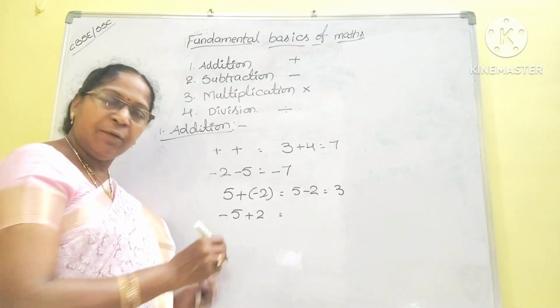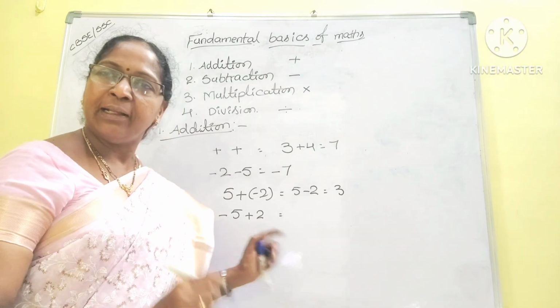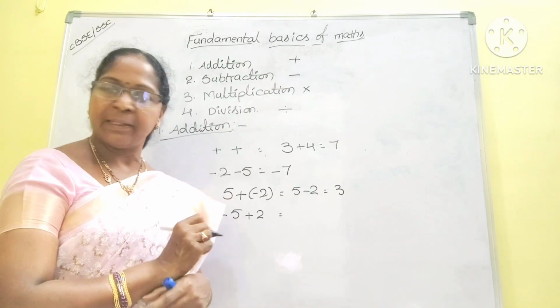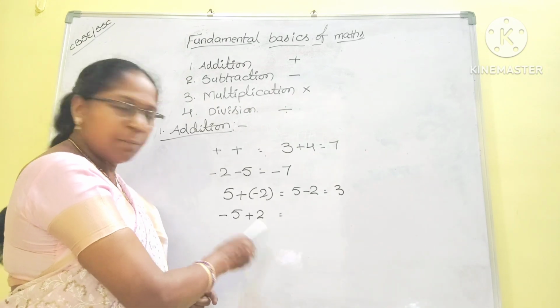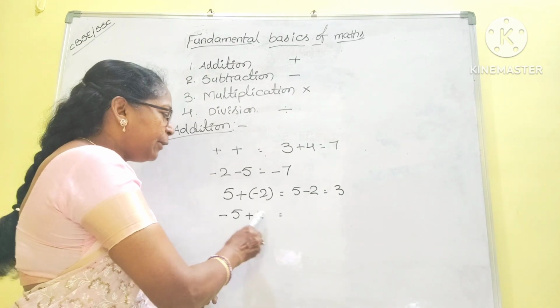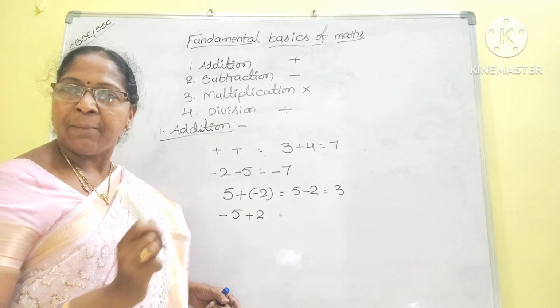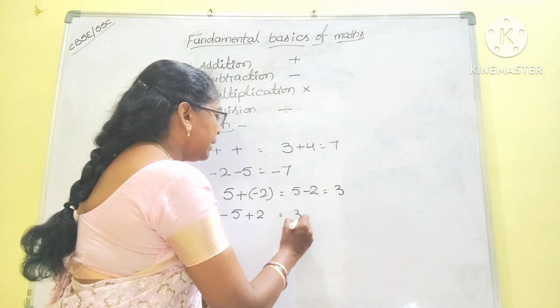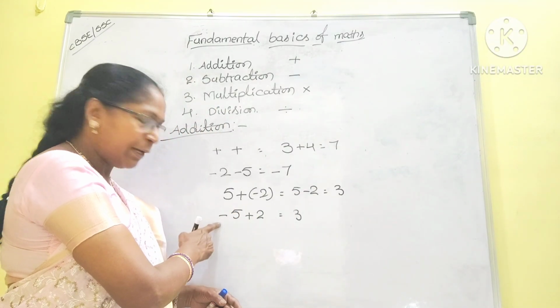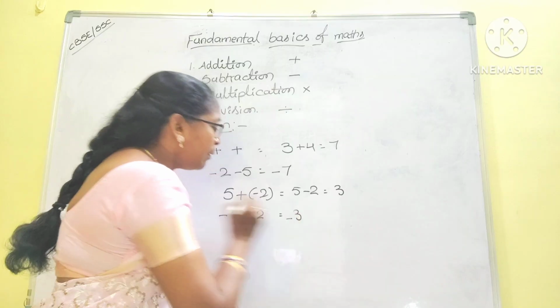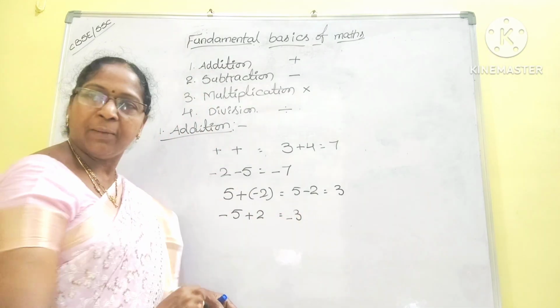Whenever two symbols are different, then you have to do the subtraction. Which number from which number? Small number from big number. 5 minus 2 equals how much? 3. But the big number has a negative symbol, so you also write a negative symbol before that number.